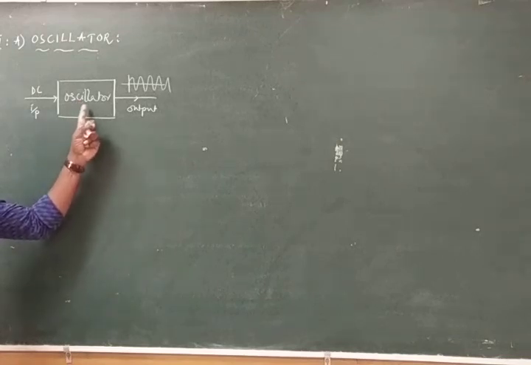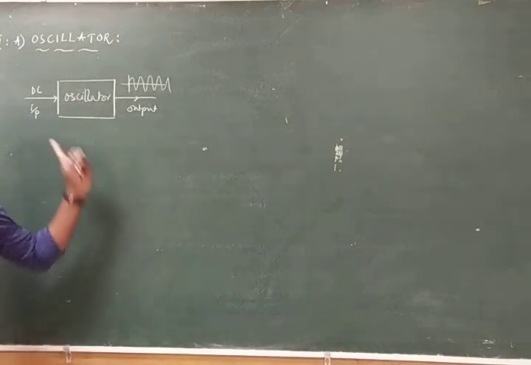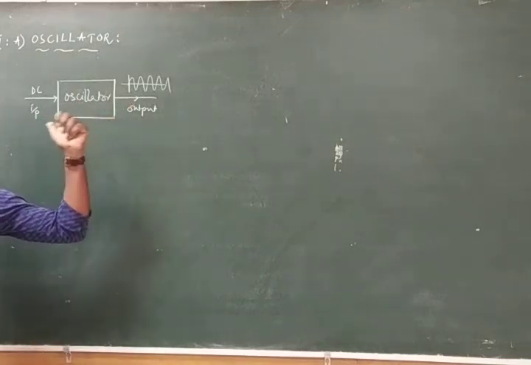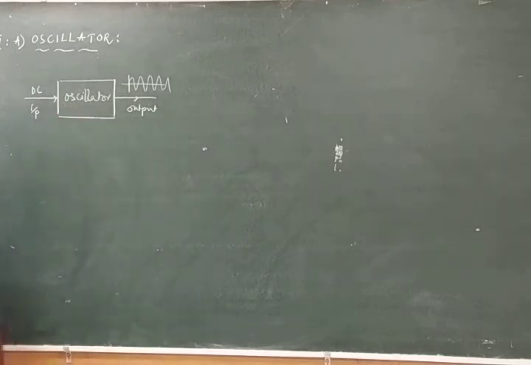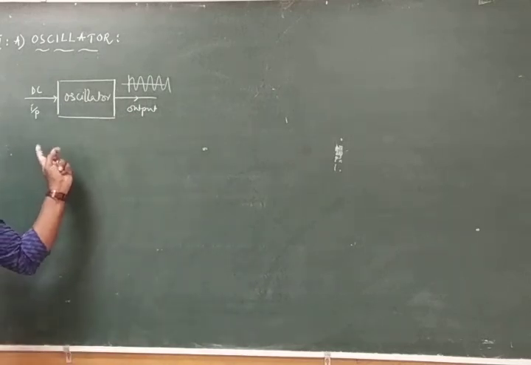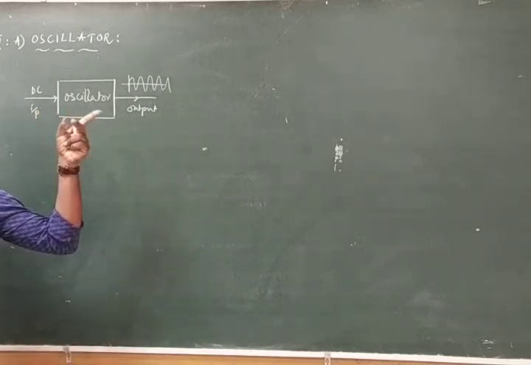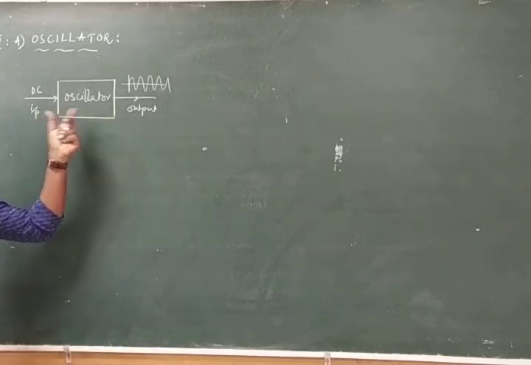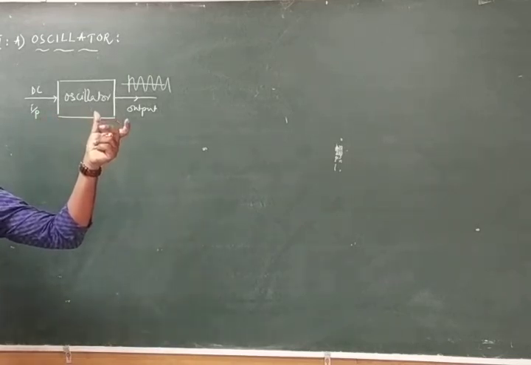So we can define the oscillator in another manner. Oscillator is an electronic circuit which converts DC to AC also. You can define it in this manner also: it generates oscillations at the output, or we can call it a converter which converts DC to AC. This is called oscillator circuit.